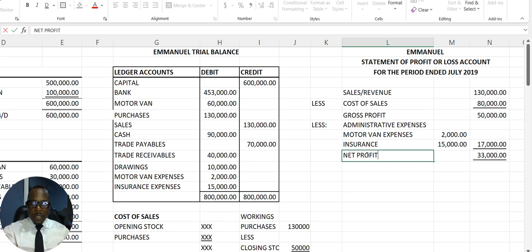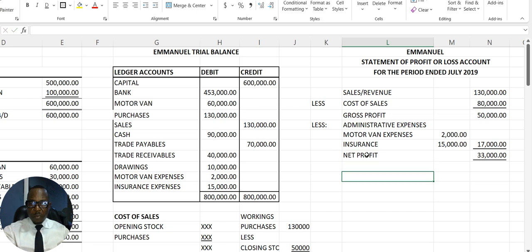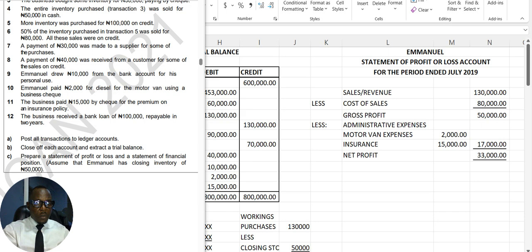What else are we missing? Nothing. So from here we'll move on. The statement says prepare a statement of profit or loss, which is what we have done, and a statement of financial position. Assume that Emmanuel has a closing inventory.